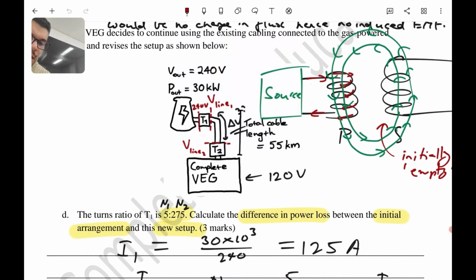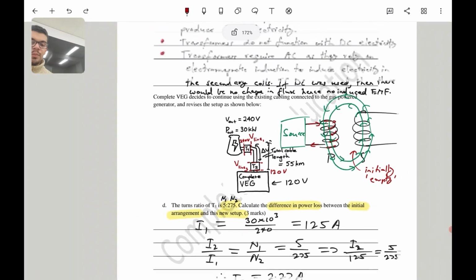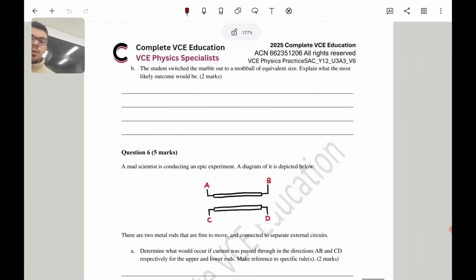So now we have to repeat the exact same thing, but go the other way around. We have to figure out the ratio of the number of turns of wire that T2 must have such that we end up with 120 volts after T2. So let's do this using our ratios formula.